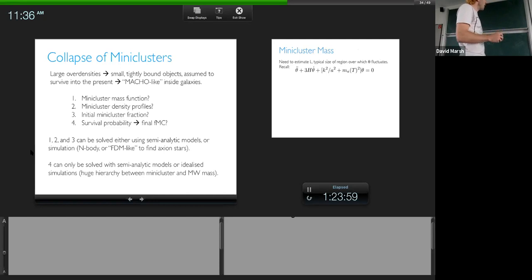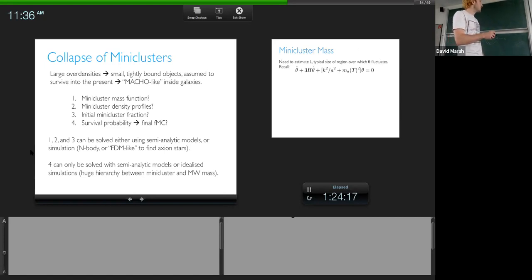1, 2, and 3 can be solved either using semi-analytic models, the type we've also heard about for fuzzy dark matter, or by simulation. Just for the same reasons that we talked about with fuzzy dark matter, this is just fuzzy dark matter, but on a smaller scale, corresponding to the QCD axion mass.